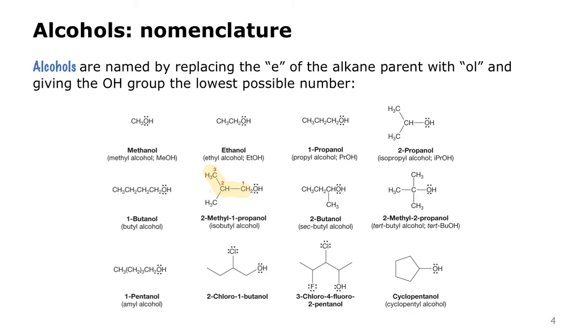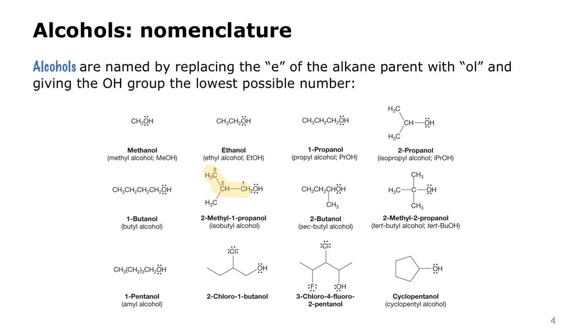IUPAC says we drop the final E of the alkane name and replace that with an OL to indicate that the hydroxyl group is present. And then we indicate the location of that hydroxyl group. Since this is a 3-carbon chain, the hydroxyl group is on carbon number 1, and so this is a 1-propanol, and then the other substituents are named in the usual fashion. This is a methyl group on carbon number 2.